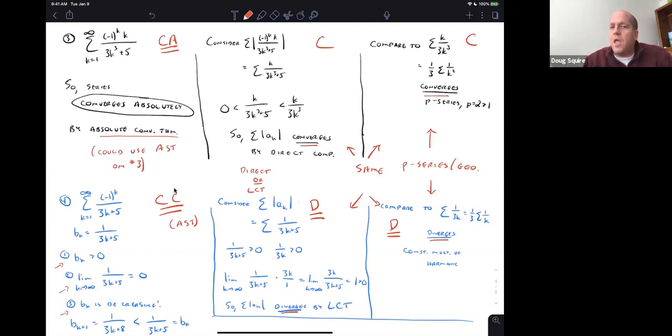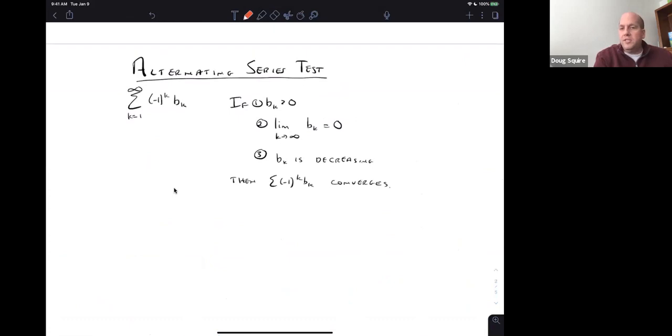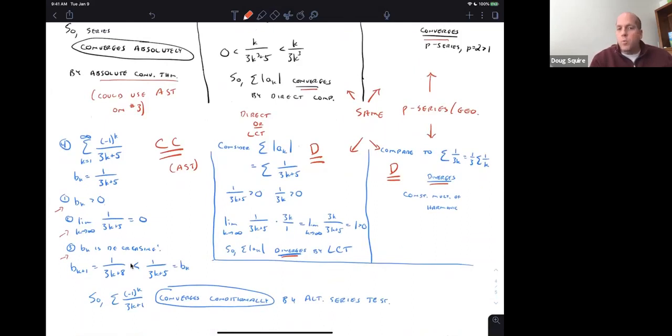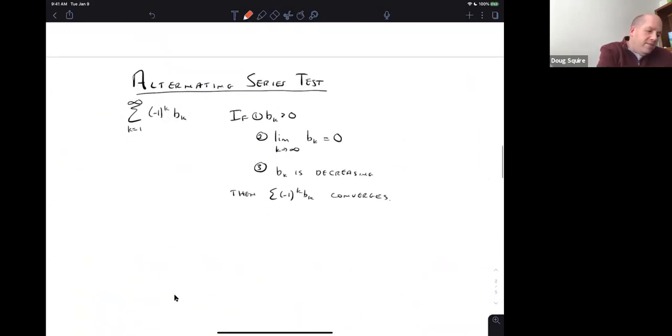Okay, but if you do it when you're supposed to, then yeah, it would just converge conditionally. Another thing that's going to keep coming up is what if one of these three conditions is not true? So let's talk about that. Down here, all three conditions were true, which meant this converged. Does that make sense? Okay, so let's go back up here and say, what if this condition, b_k is positive, weren't true?